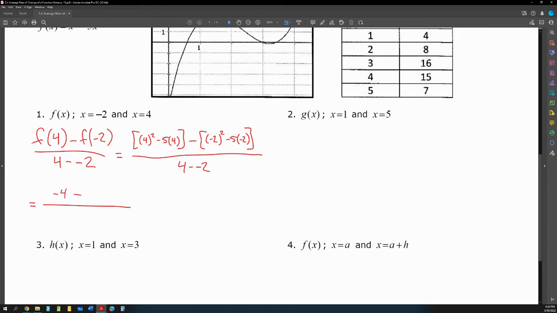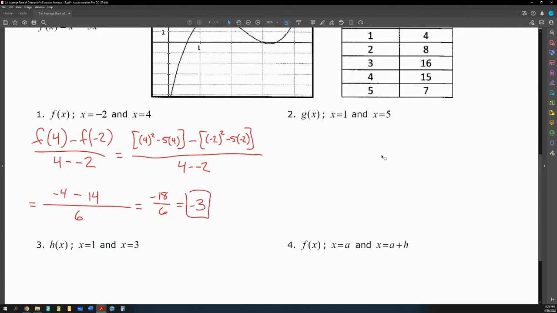Minus f of -2, the second grouping, the quantity -2 squared is 4, positive, minus 5 times -2, or we have 4 plus 10, which is 14. In the denominator, 4 minus -2 is positive 6. Continuing to evaluate, -4 minus 14 is -18, and we have over 6, which reduces to -3.